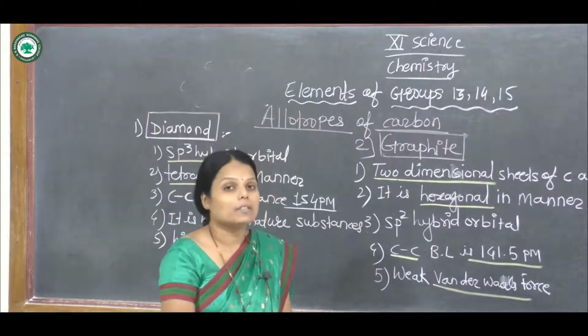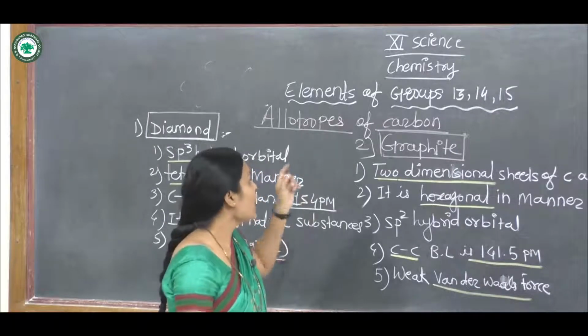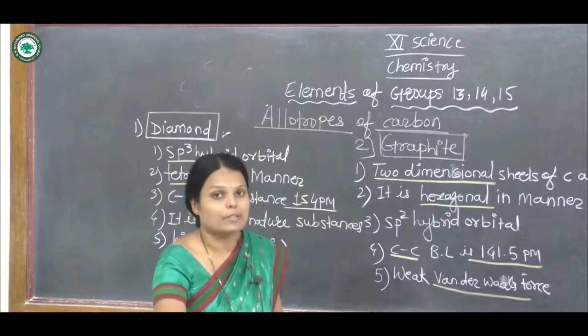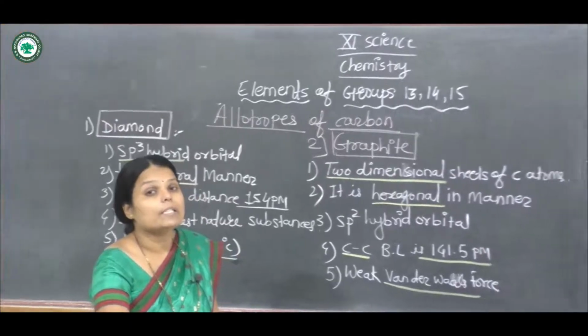Now the next allotrope of carbon is fullerene.